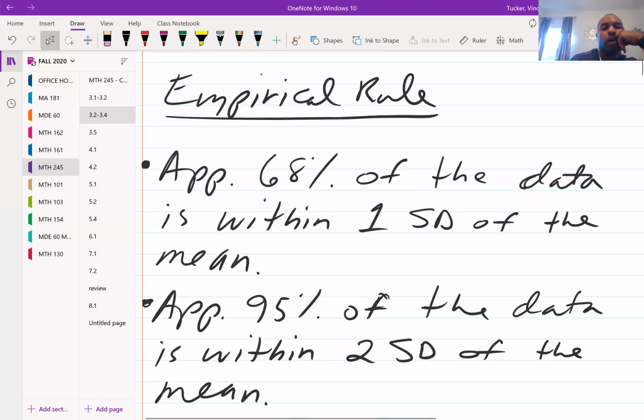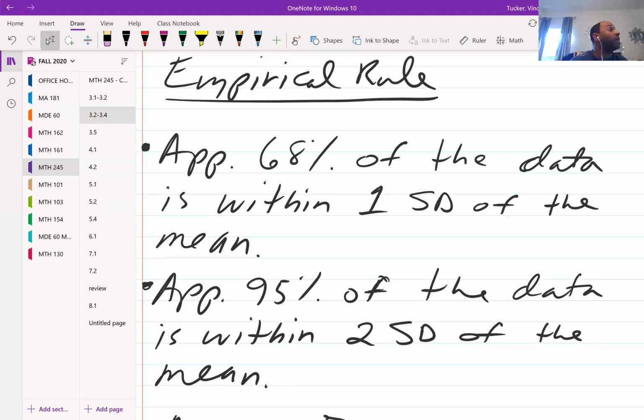All right, so our empirical rule. So we have 3 statements here. You got the first 2 up right now. I'll scroll up for the third. Approximately 68% of your data is within 1 standard deviation of the mean. Then approximately 95% of your data is within 2 standard deviations of the mean.